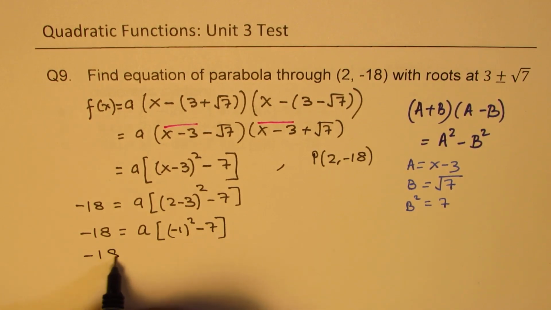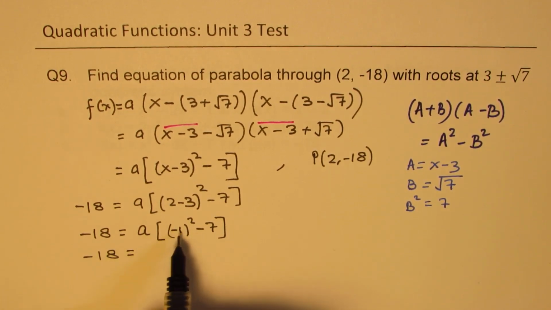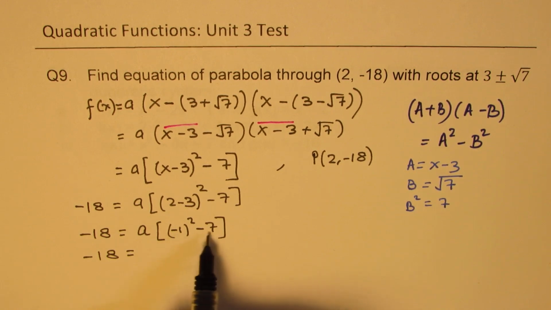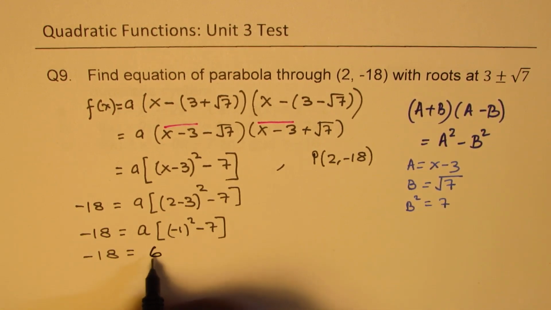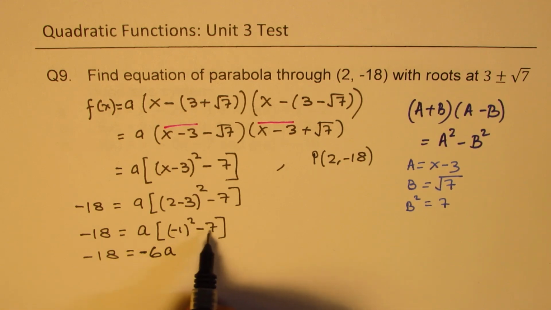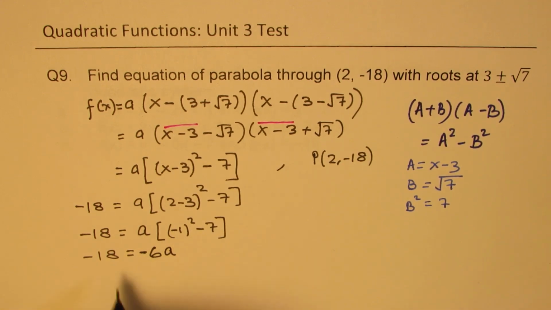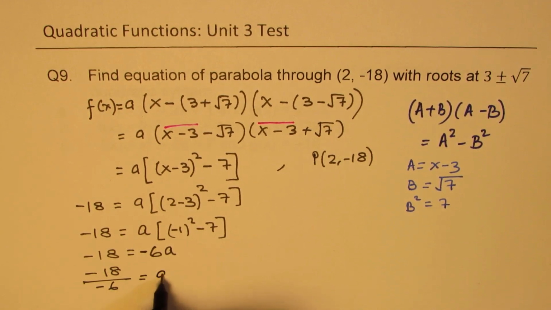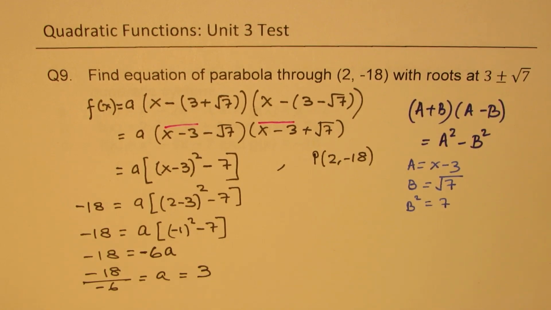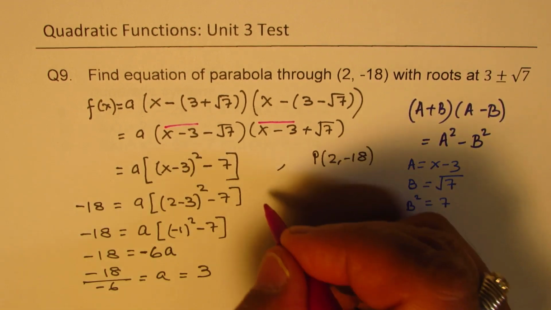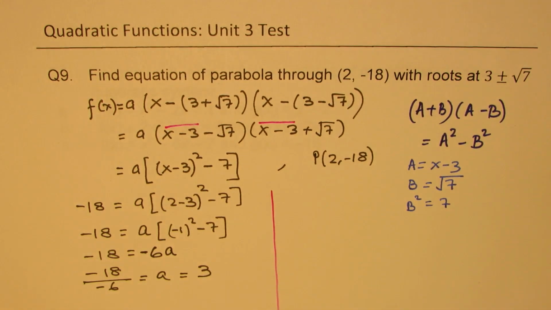So we get minus 18 equals a times, minus 1 is plus 1 square of that, right? So we get minus 6a as 1 minus 7 is minus 6, right? So from here we get minus 18 divided by minus 6, the value of a, which equals 3. Clear? So we get the value of a as 3, and now we can write down our solution.